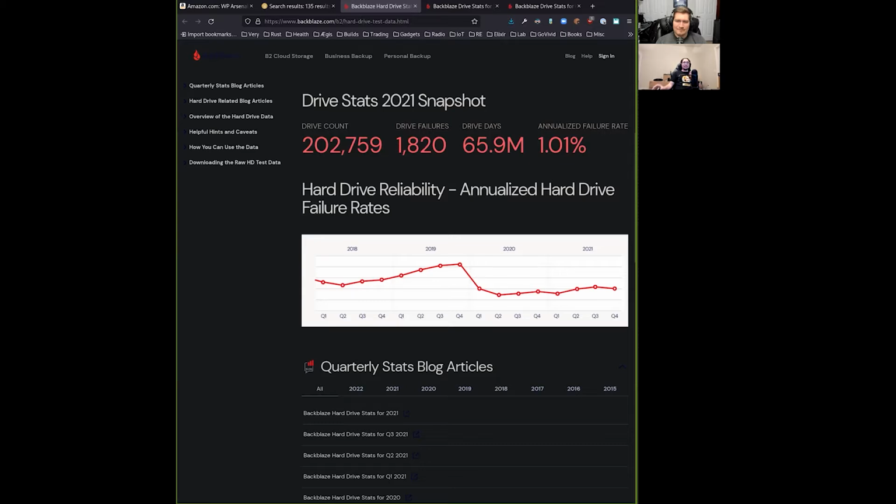As I said earlier, I definitely want to frame this around bulk storage. So when it comes to SAS, we're going to be looking at what is normally referred to as the nearline SAS drives that come in at 7200 RPM. That could be like the Seagate Exos series that are helium filled.